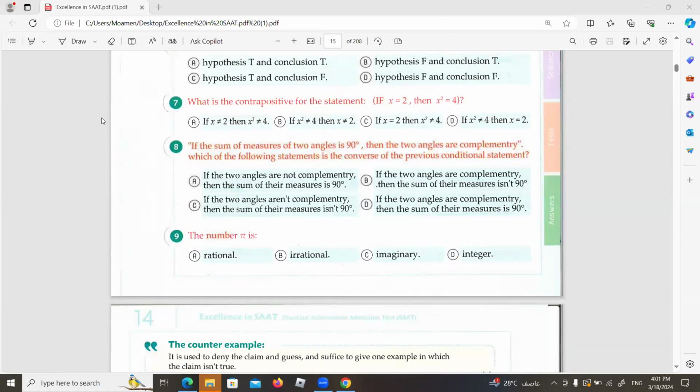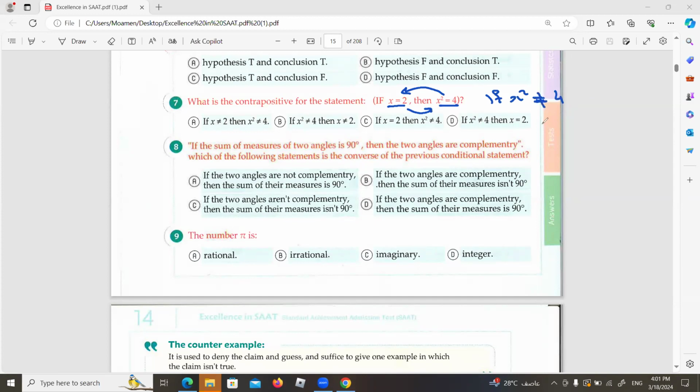Number 7, what is the contrapositive of this statement? You said contrapositive, it means flip and write not. So I start with this is if and this is then, and I flip from here to here and from here to here. So I just write if x squared equal 4, and we flip and make not equal.